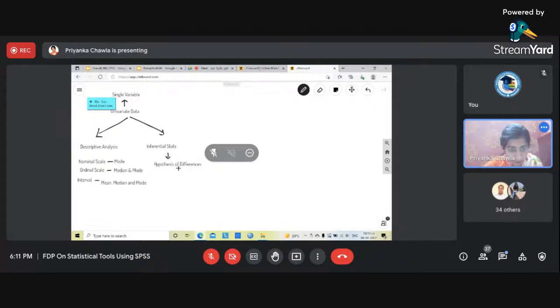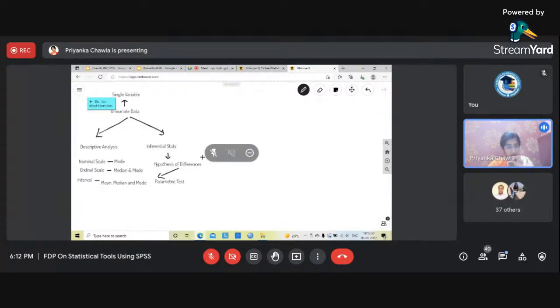Now, if we are dealing with parametric test, then which is the best tool? Here we are talking about only single variable. Since we are talking about single variable, we are comparing the mean.